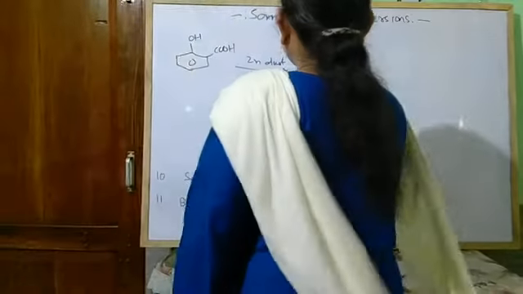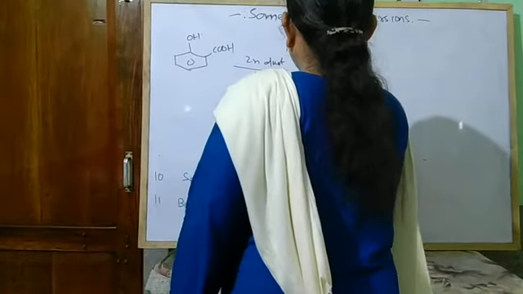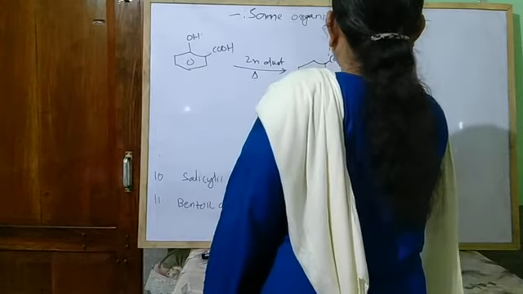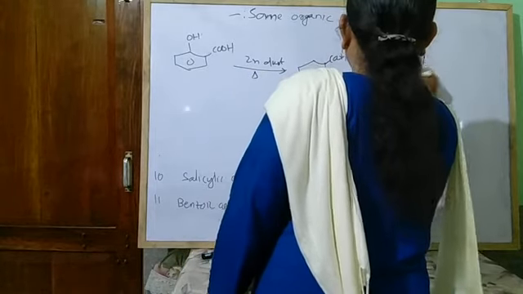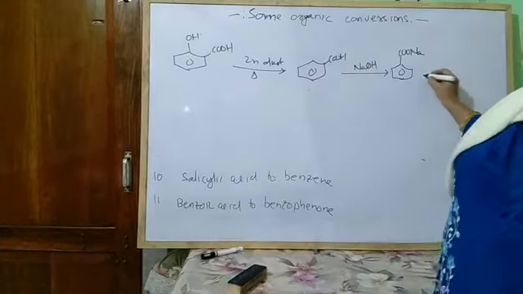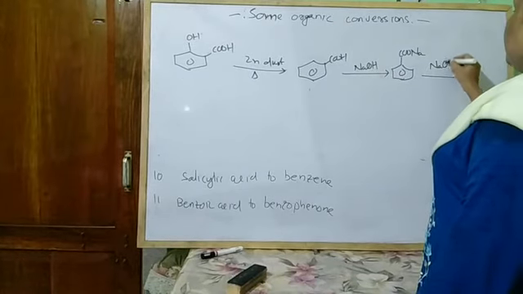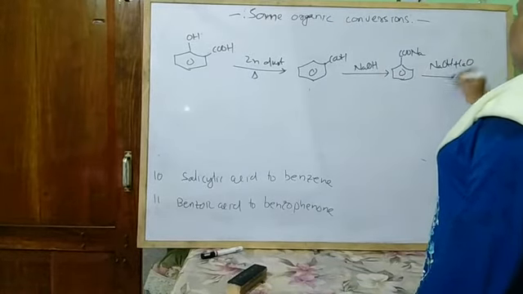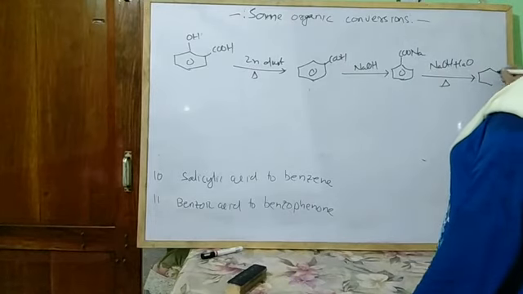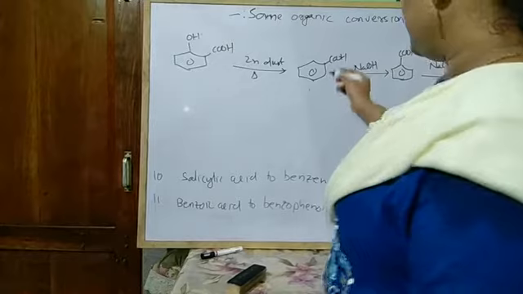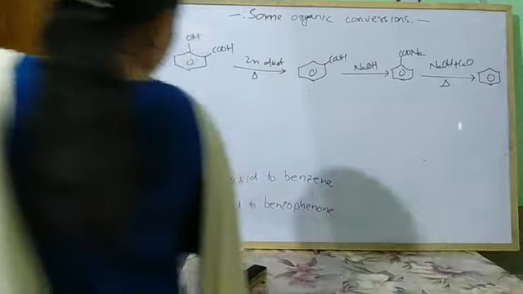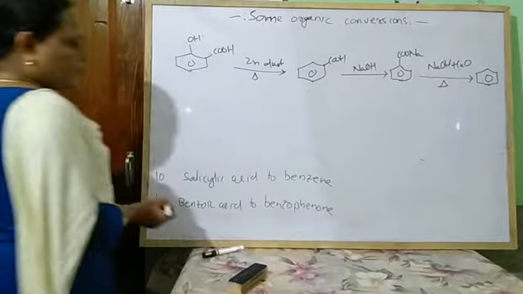So it forms benzoic acid, and benzoic acid treated with sodium hydroxide first forms sodium benzoate, which when heated with soda lime, this group is removed by hydrogen and it forms benzene. This two-step reaction can be written in one step. Okay. This is salicylic acid to benzene.